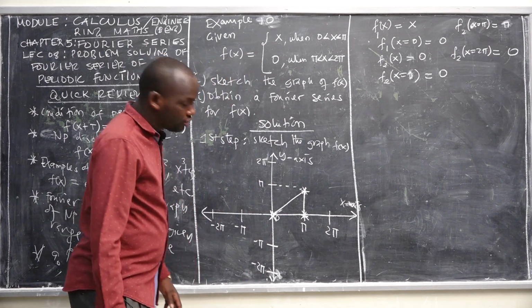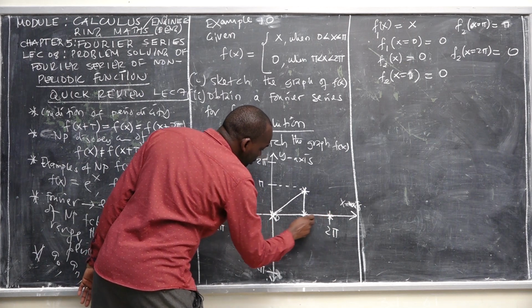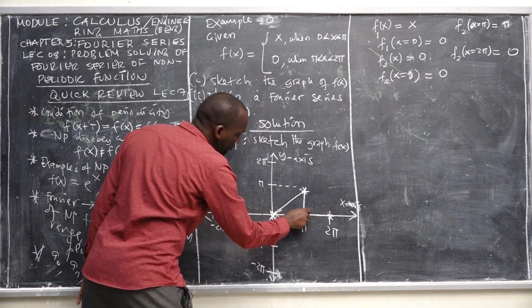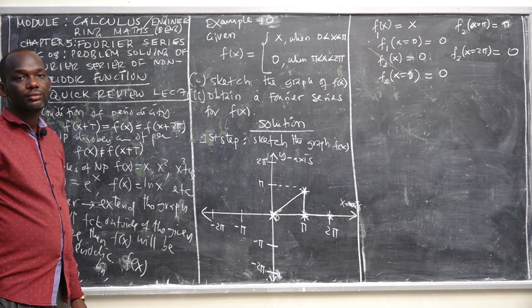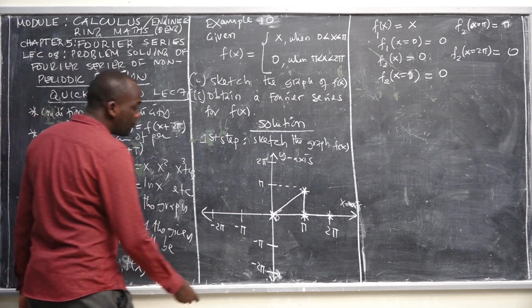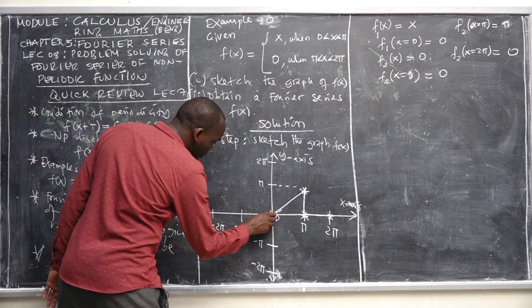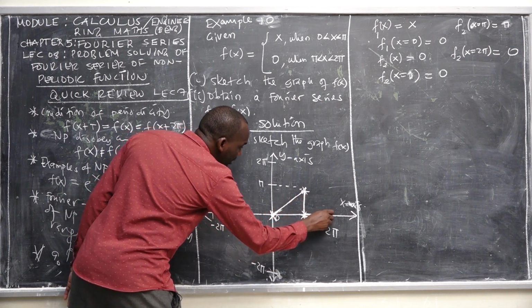So the value of x is 2 pi, but the value of y is 0. So I have another straight line here. Are we together? Class, are we together? Yes. So the graph is from here to here to here to here.